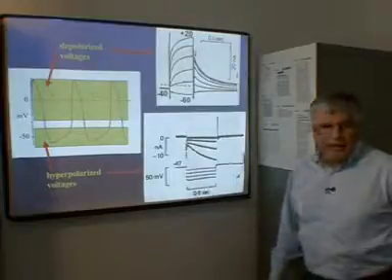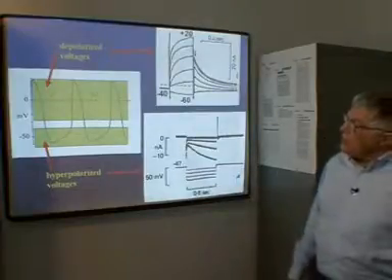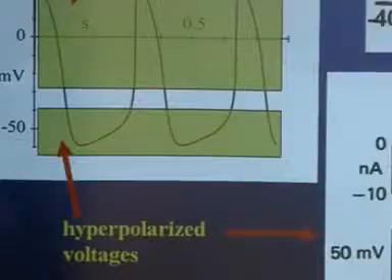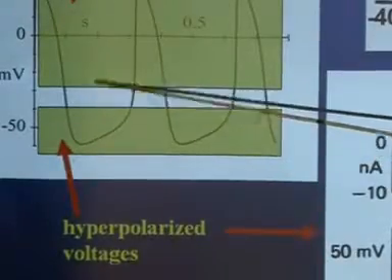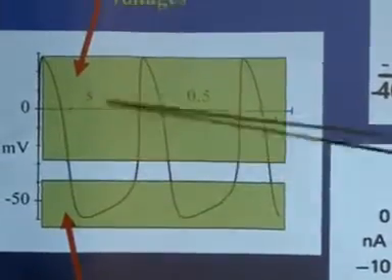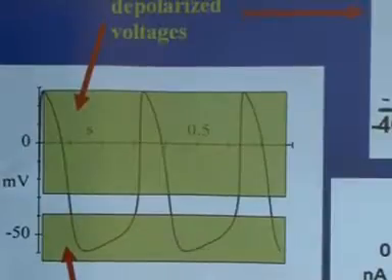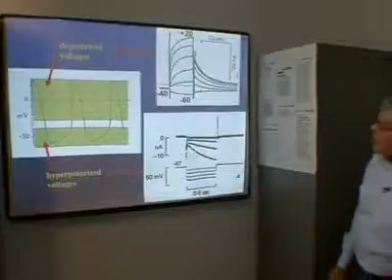Indeed, at that time, all investigations in the sinus node and in other cardiac preparations had involved the depolarized range of voltages, and nobody had really investigated the range where diastolic depolarization occurs.